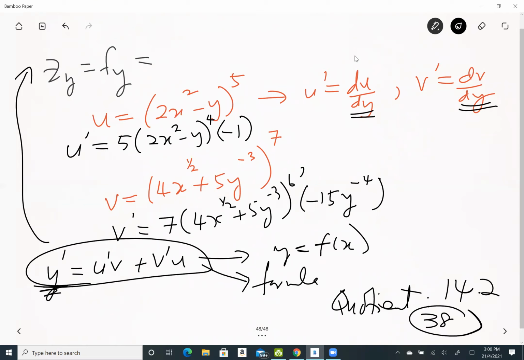That is the function. Of course, the question asks you to find the second derivative. Don't worry about that. You need only to use that question to find zx, zy, or fx, fy. So do that question.